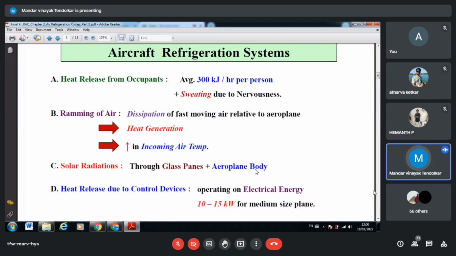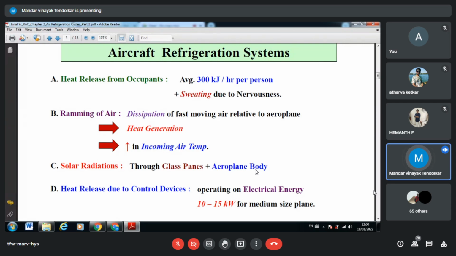Heat release from the occupants: for a normal healthy human being, the average value is 300 kilojoule per hour per person. Now you can calculate. Let's say you are traveling a non-stop journey from Mumbai to, where should we go? New York. Let's see, a 16 hour journey. So 300 kJ per hour into 16 hours.